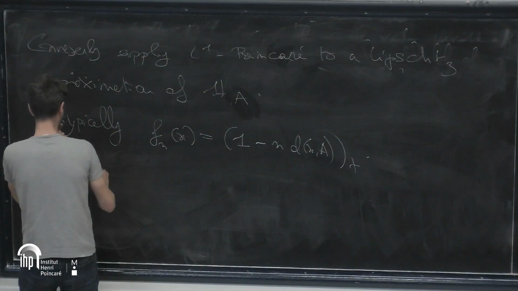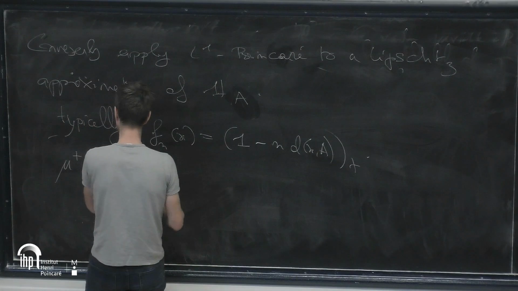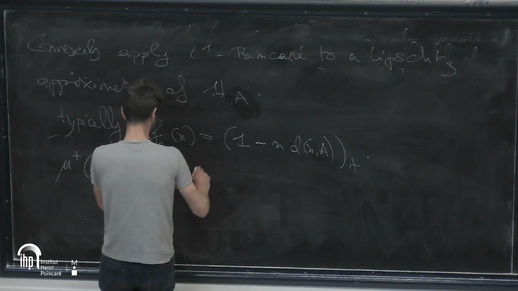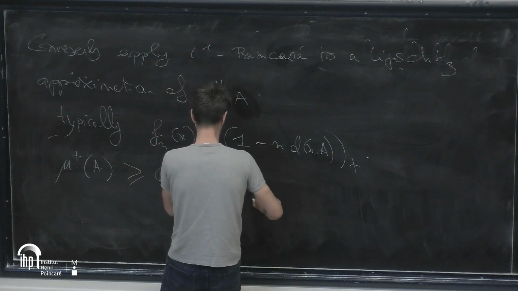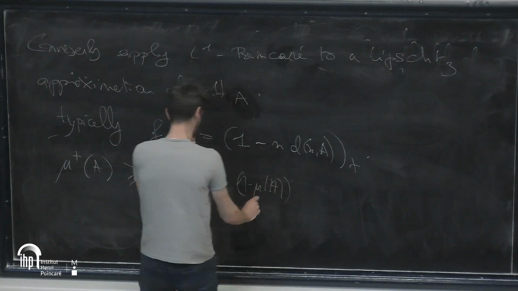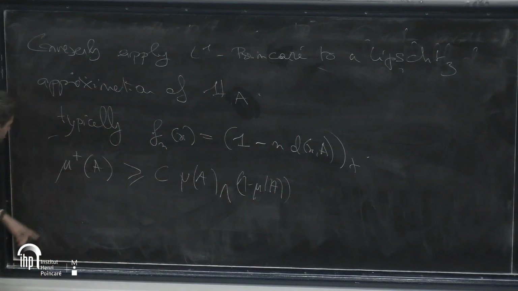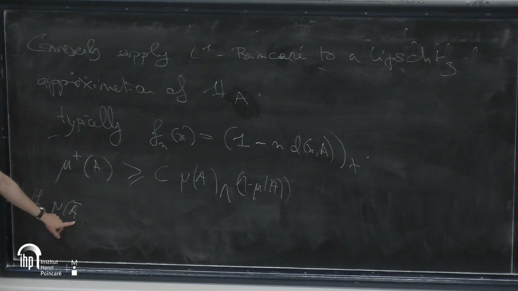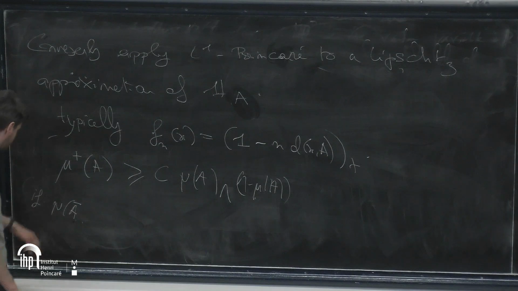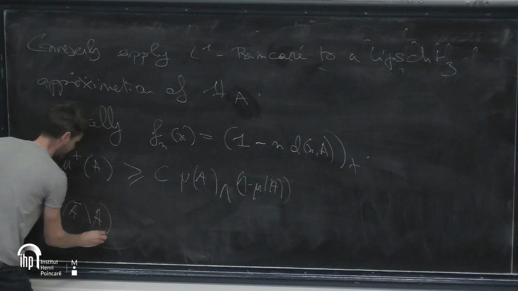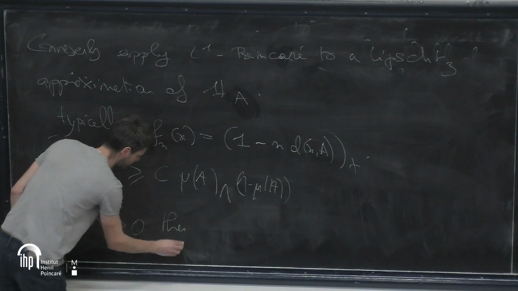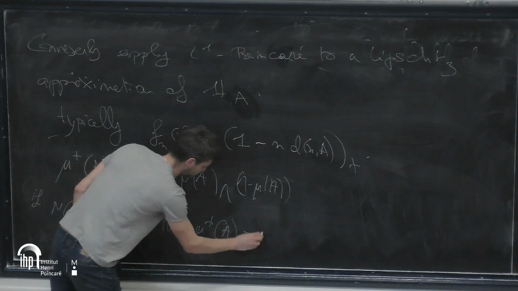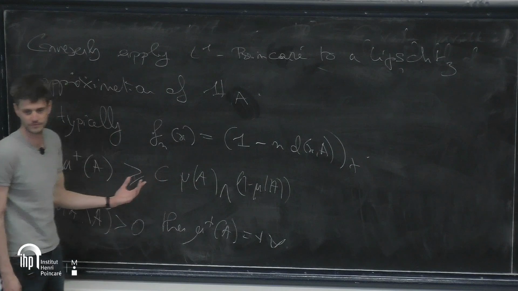My goal is to say mu plus of A is bigger than C mu of A times 1 minus mu of A. So first of all, if mu of A bar, the closure, is positive, then obviously mu plus of A is plus infinity, and then the inequality is true.